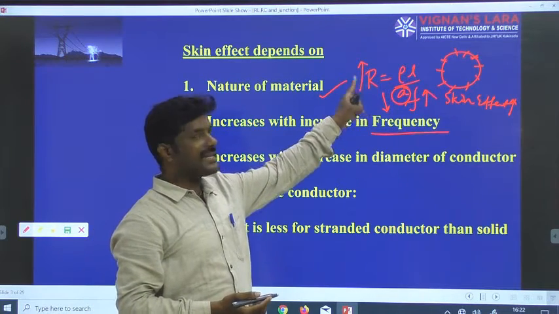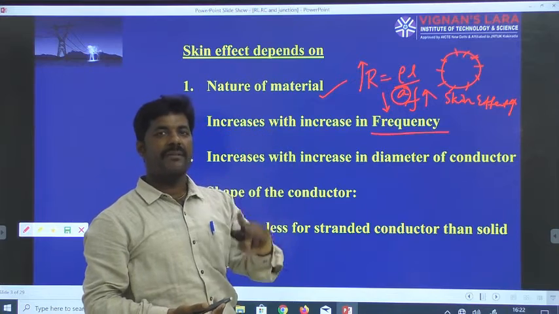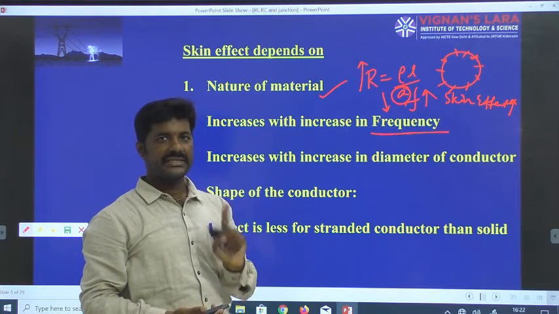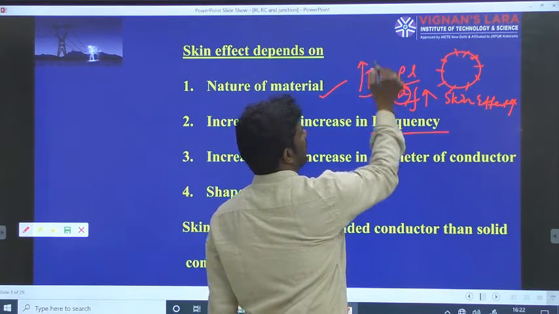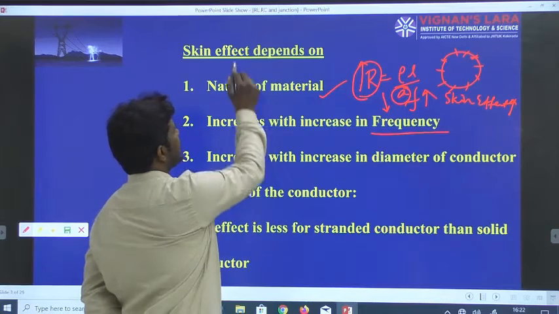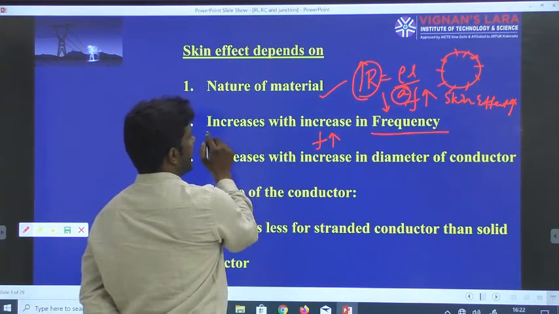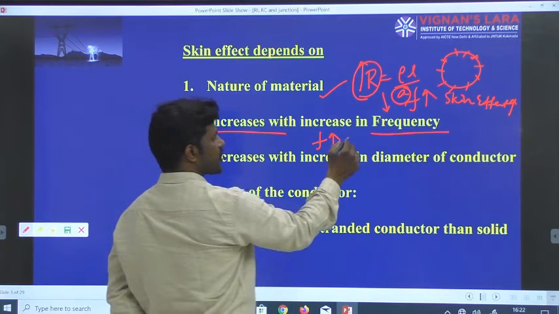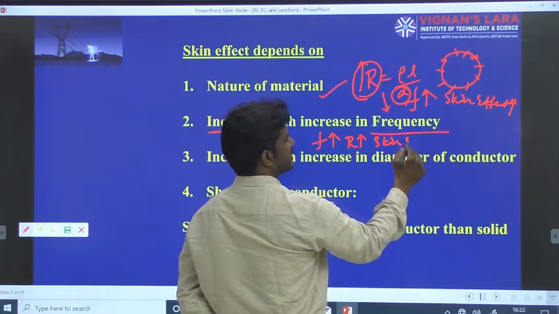Since the resistance increases, the ohmic value is increased. That is the major drawback with this skin effect in AC circuits. So, because of this skin effect, the resistance gets increased, and as the frequency increases, the magnitude of that resistance also increases because the skin effect increases.